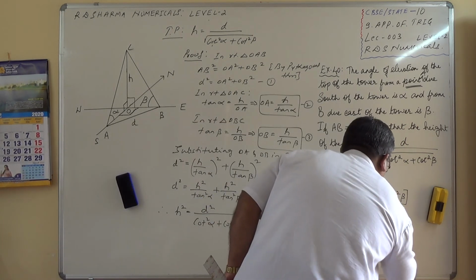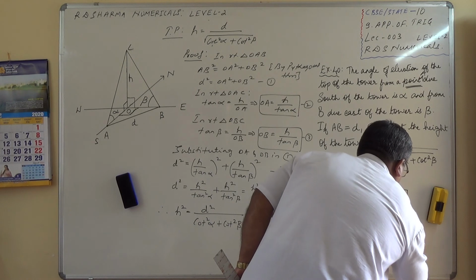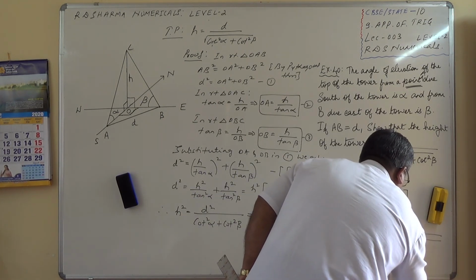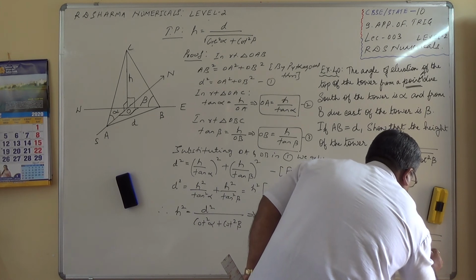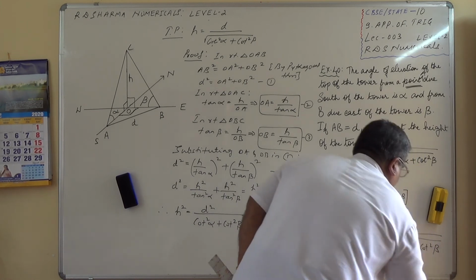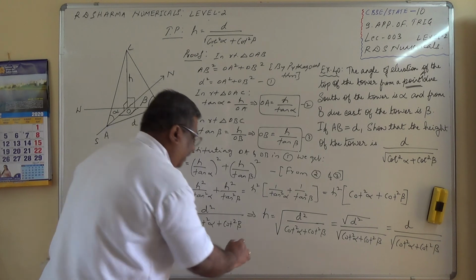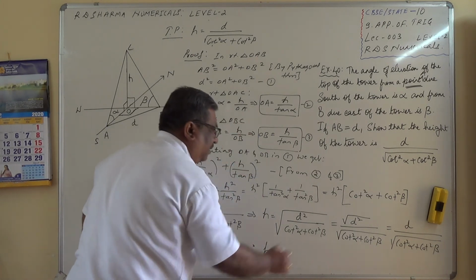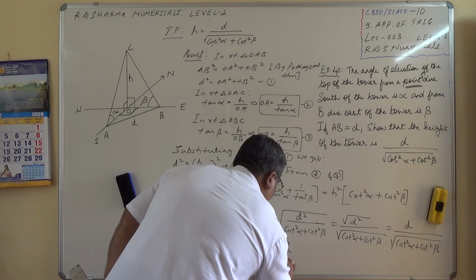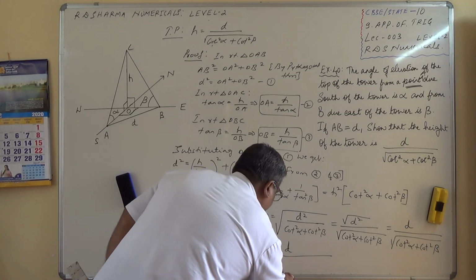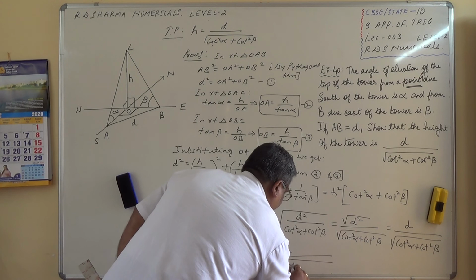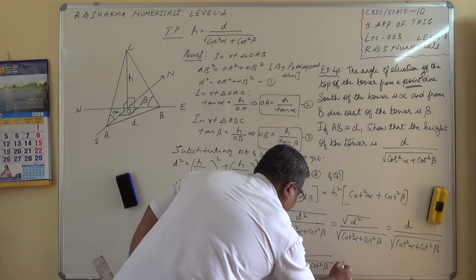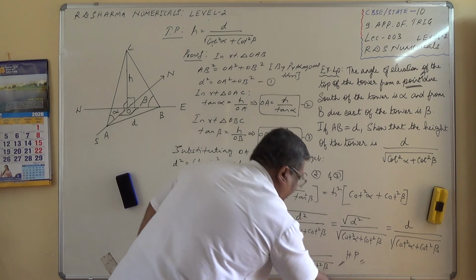D, which equals d the whole divided by under root of cot square alpha plus cot square beta, and therefore finally h equals d divided by under root of cot square alpha plus cot square beta, hence proved.